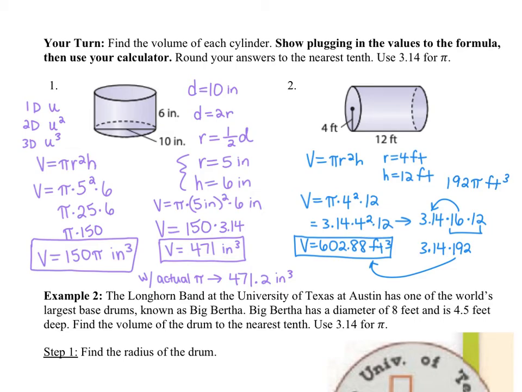Now, if we use actual pi, type in 192, this is another reason I like for you to do this part without pi first and get that number, is now we can do 192 times actual pi and not an estimate of 3.14, and you get 603.2. So look, that's actually a bigger difference than it was over here.